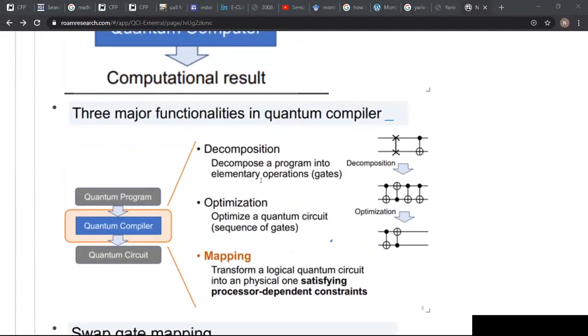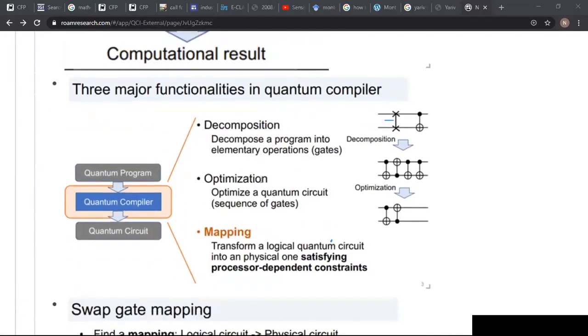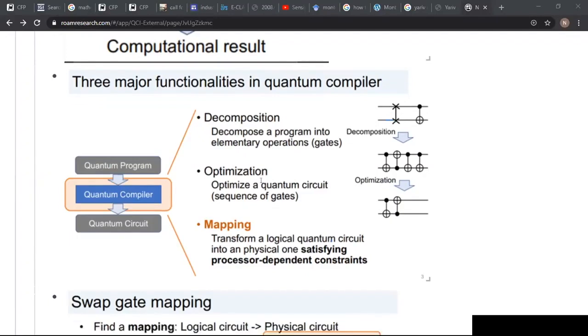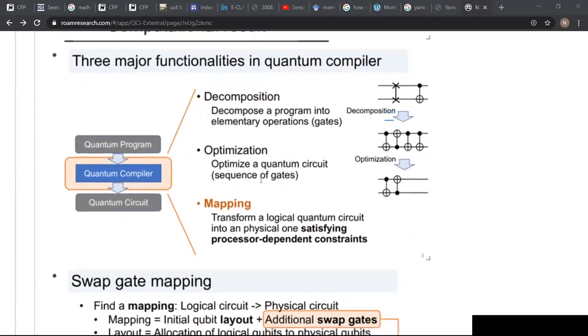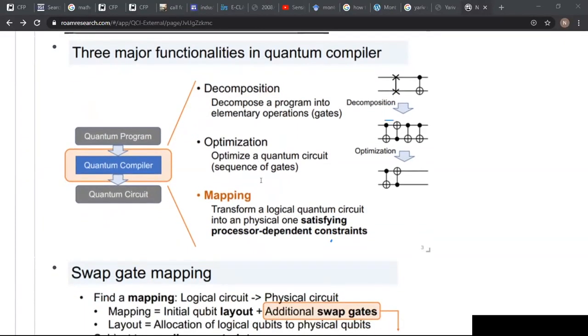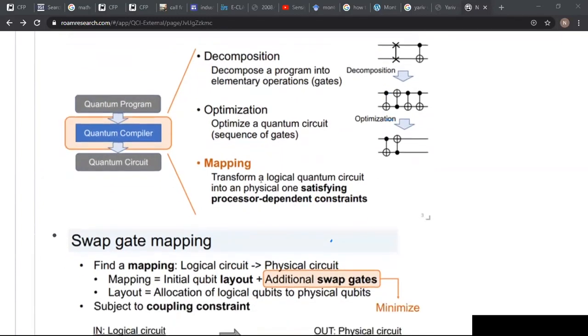Then we had the functionalities of the quantum compiler: you have a quantum circuit, and all the gates get decomposed into the universal elementary gates, and then with the help of commutation rules, you perform the optimization, and then you map each logical qubit to the corresponding physical qubit.